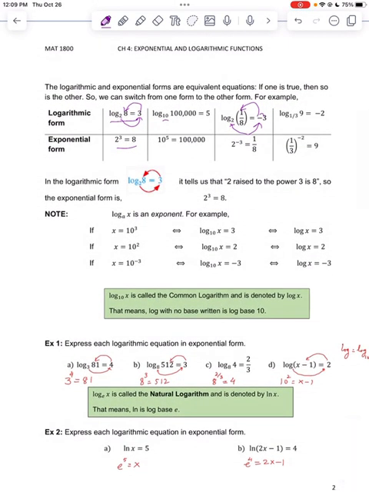Again, the statement that we had before, that log base a of x is actually the exponent. For example, if I have the exponent in the exponential form, the exponent is 3 here. So log base 10 of x is 3.